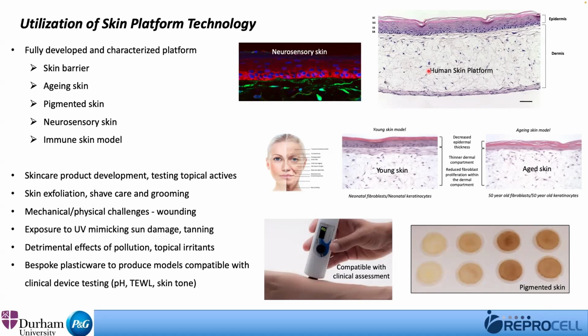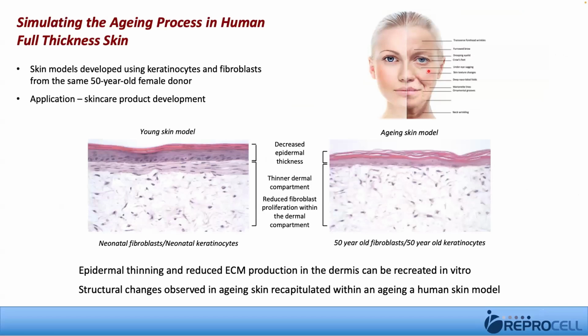And we have worked with skin care companies developing consumable products such as Procter & Gamble. We've published a lot of our data together, and you can read about this in our papers. A lot of this technology can be used to explore things such as wounding, the effect of UV radiation on pigmented skin, pollution, etc. So I'll take you through some examples.